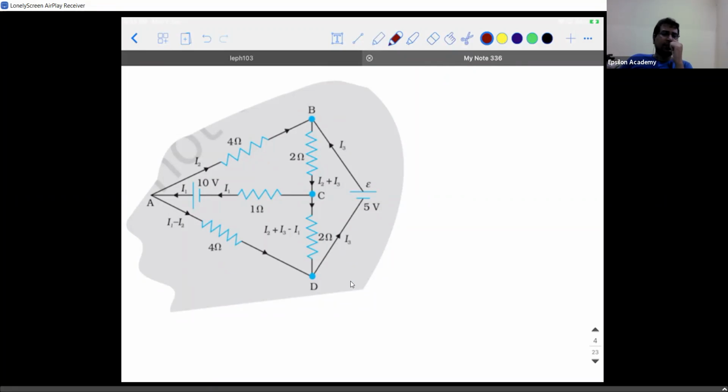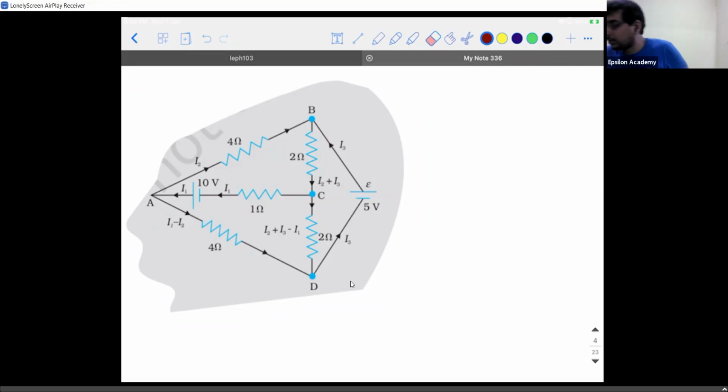Let's get started. The first thing that you need to notice, they have given you I1, I2, I3 here, no? That will not be given in the exam. They will only give you a circuit or a network with cells and resistors.